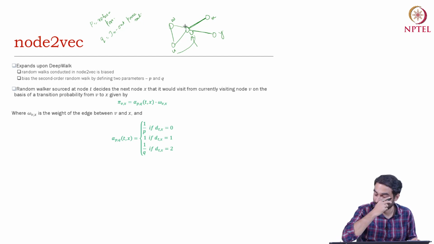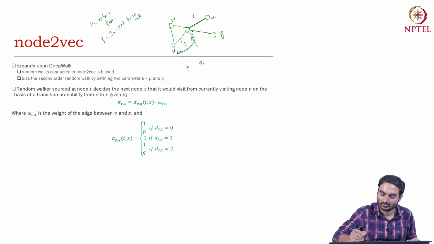Now, from this parameter P and Q, we basically calculate the probability. So, when we have started our random walk from U and are currently at V, with probability 1 by P, we come back to the seed node, with probability 1 by Q, we move there, with probability 1 by Q, we move there, and with probability 1, we come here.